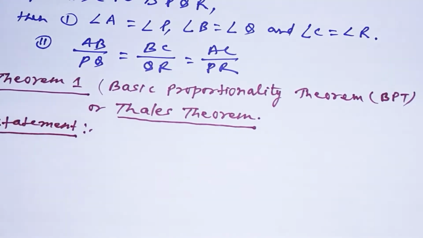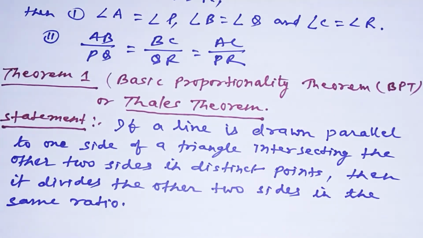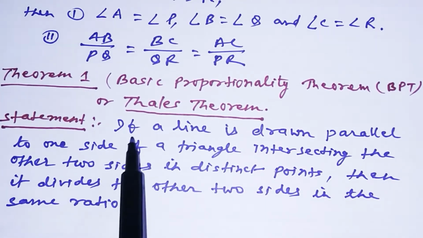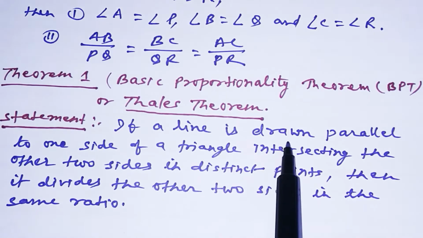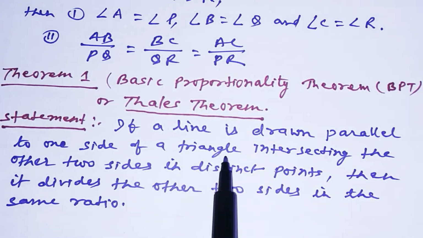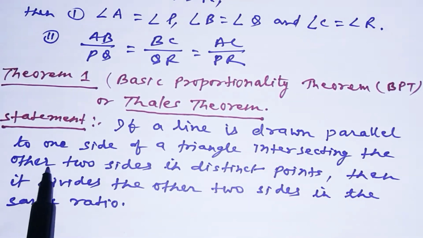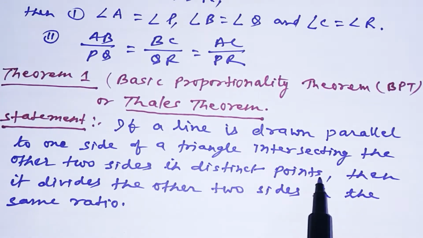The statement is: if a line is drawn parallel to one side of a triangle intersecting the other two sides in distinct points, then it divides the other two sides in the same ratio. This is the complete statement.